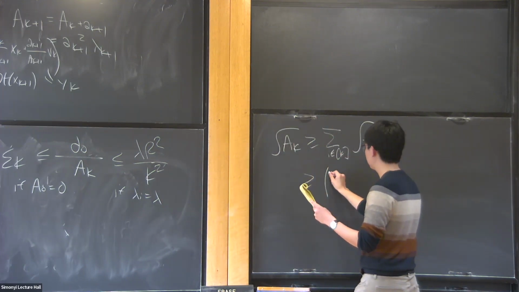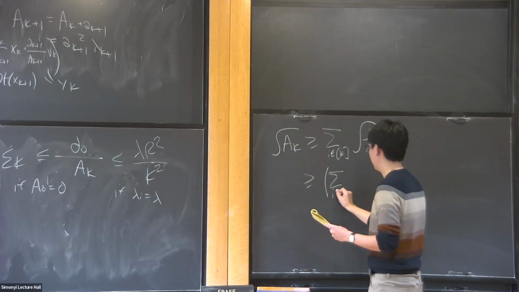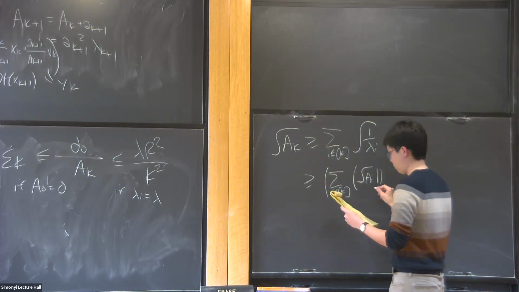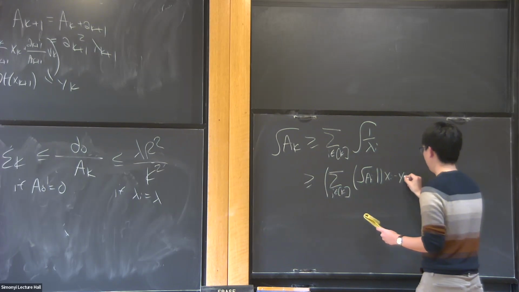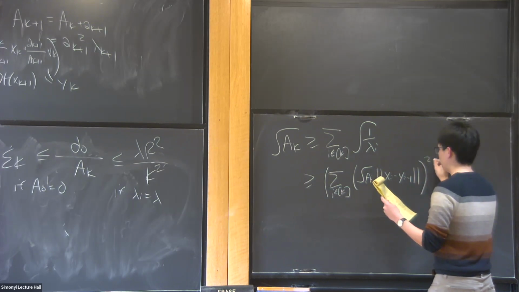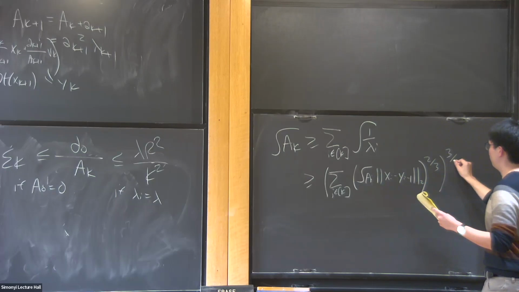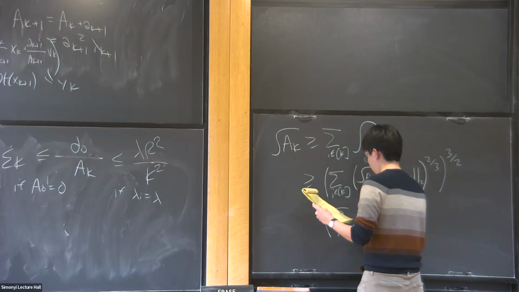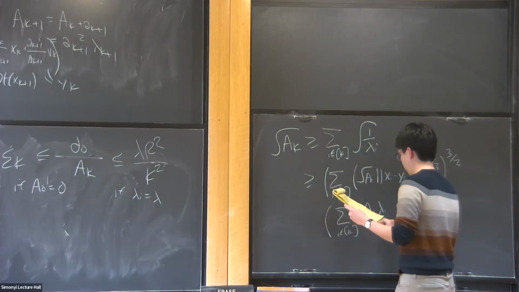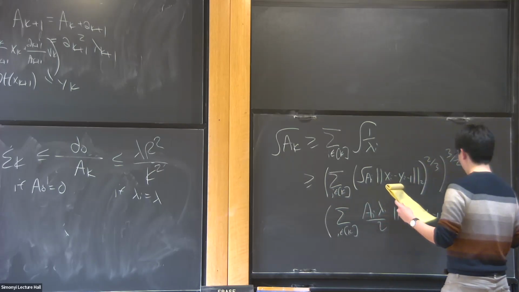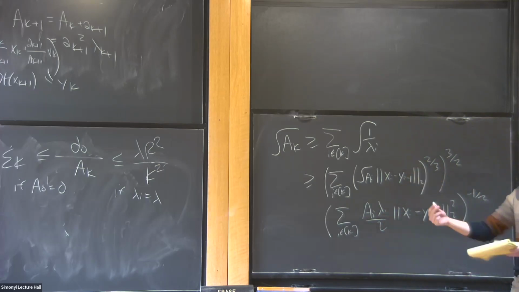So let me show you how to do that. So here the trick is to use the reverse Holder inequality with the exponents -1/2 and 2/3.